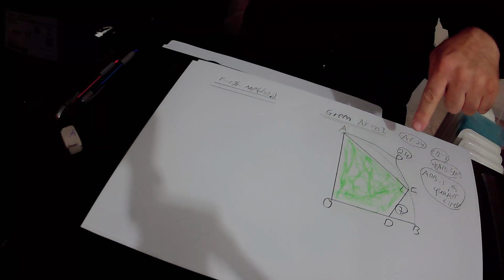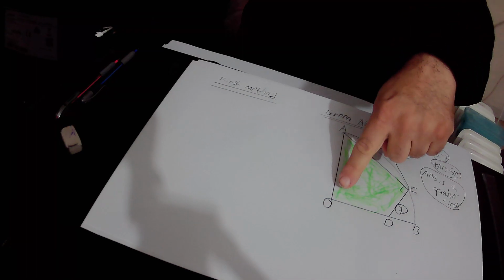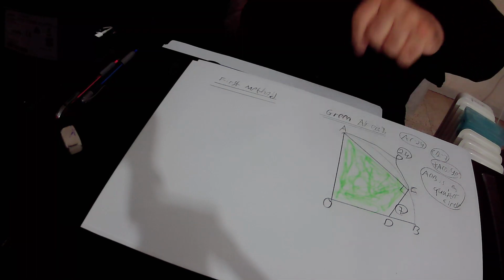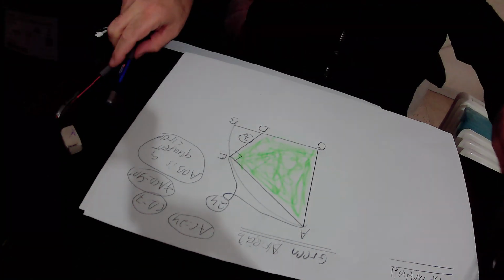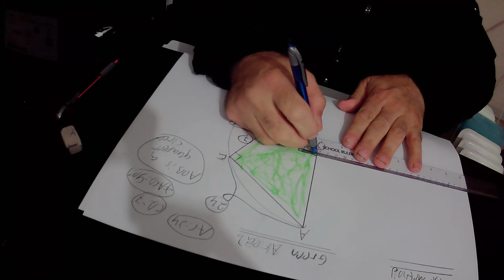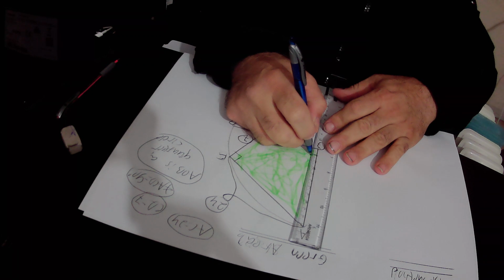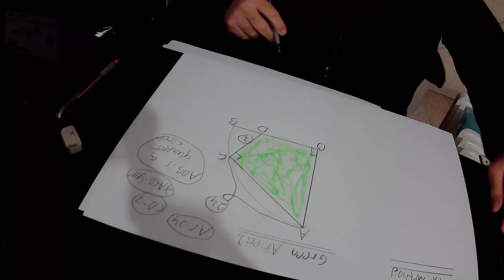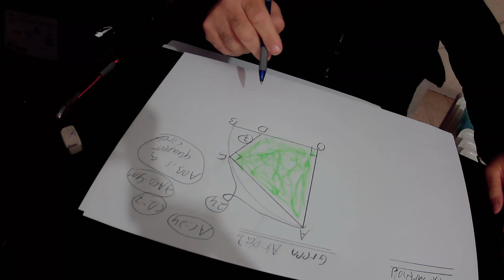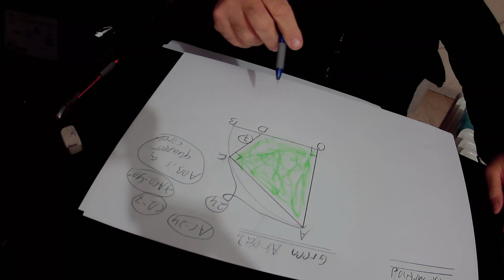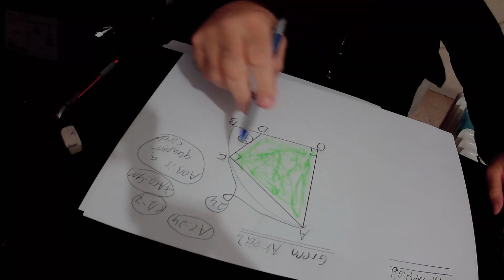AOB is a quarter circle, therefore this angle must be equal to 90 degrees. Point O is the center of the circle that we can create by completing the quarter circle to a circle.